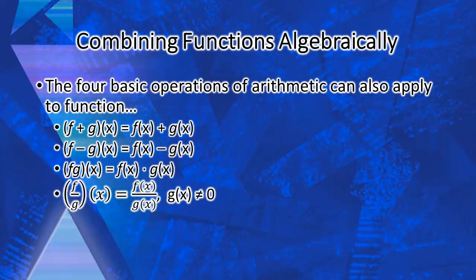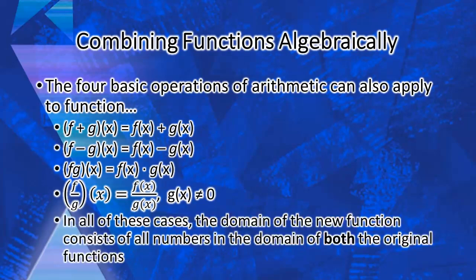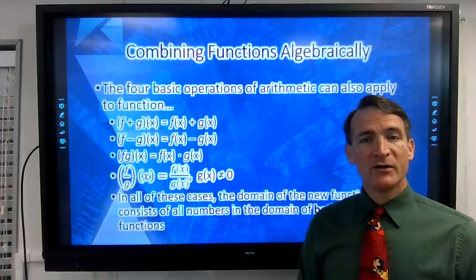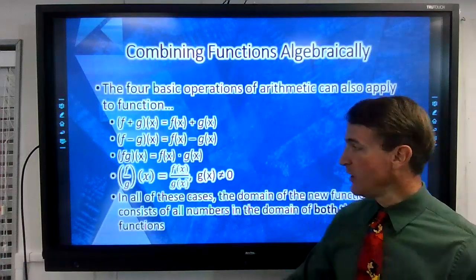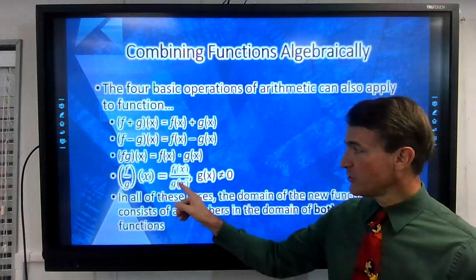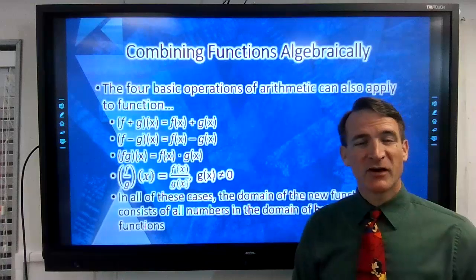In each of these scenarios, whatever our original domain is going to be true with our final domain. So in order for it to be in the domain of our final answer, it has to fit both domains of our original functions, with one notable exception, which I'll get to, and that is this last one, where we have f(x) divided by g(x).